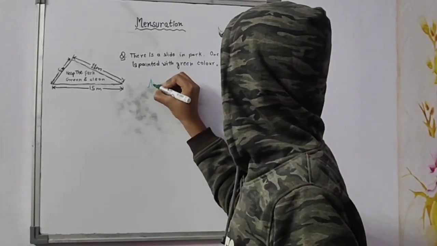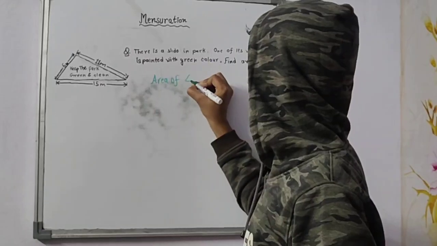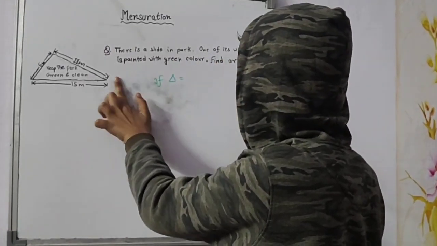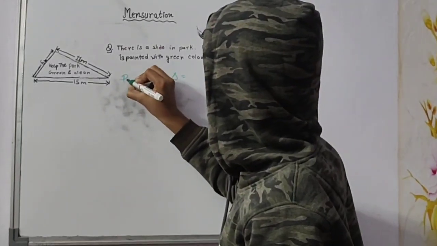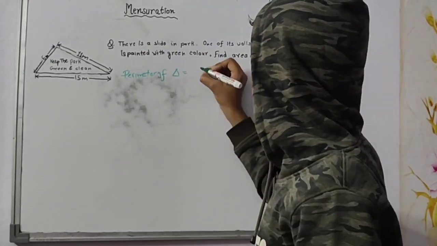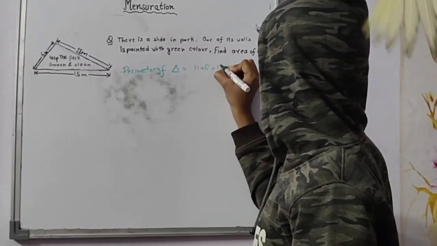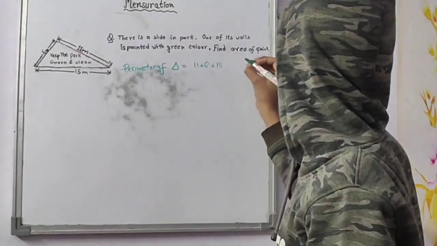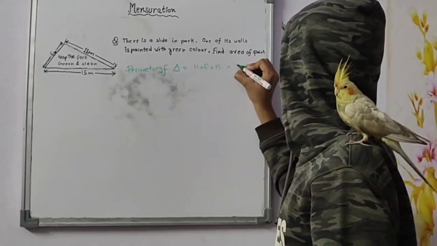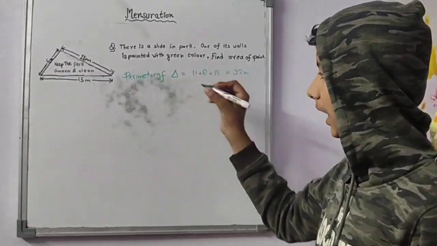So we know perimeter of triangle equal to 11 plus 6 plus 15, this plus this plus this, equal to 16 into 2, 32. 32 meters is the perimeter.